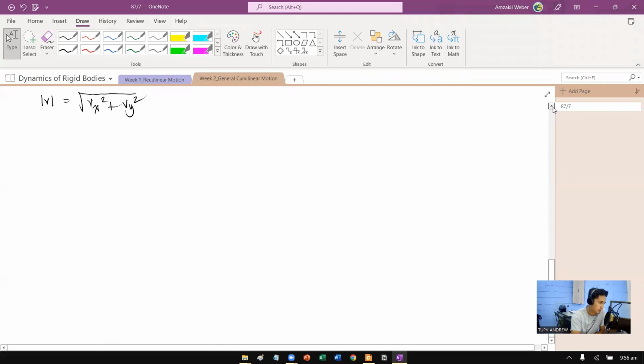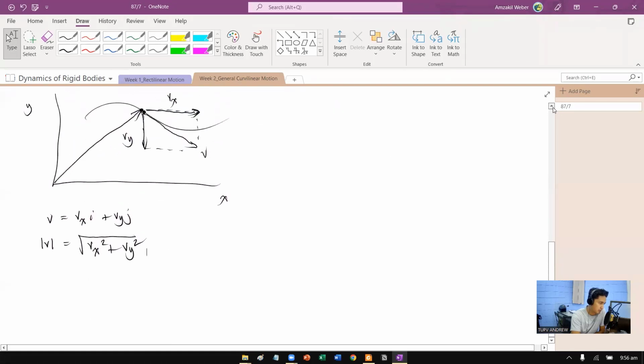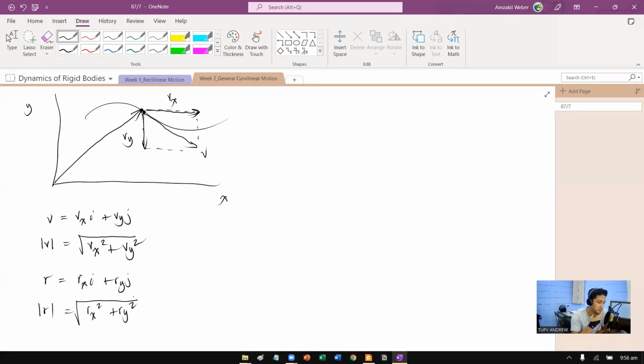Our position R also has components. So R is equal to Rx i plus Ry j, and the magnitude of R is the square root of Rx squared plus Ry squared. If we go to 3D, then just add Z, and the corresponding unit vector for Z is k. So attach Vz k and Rz k. But here we are only in 2D.